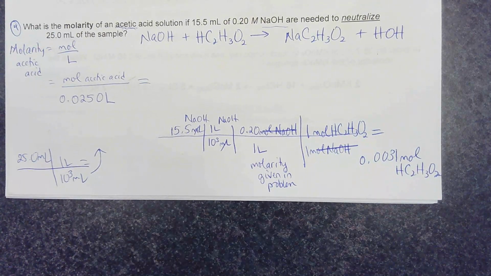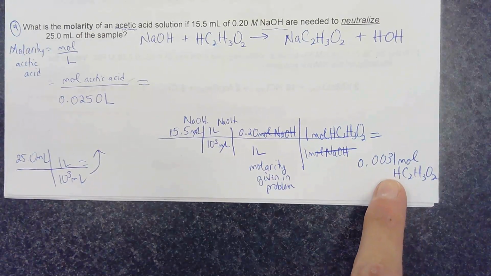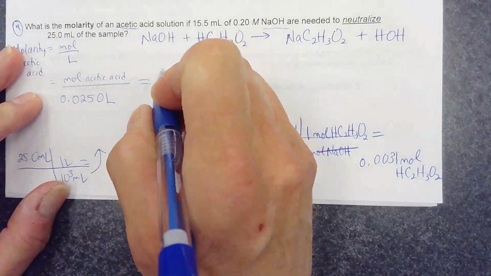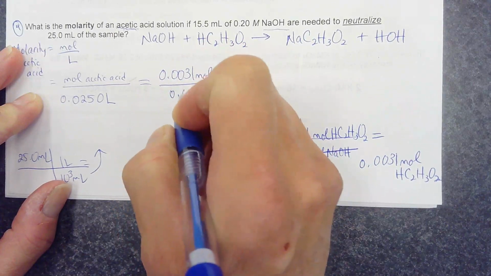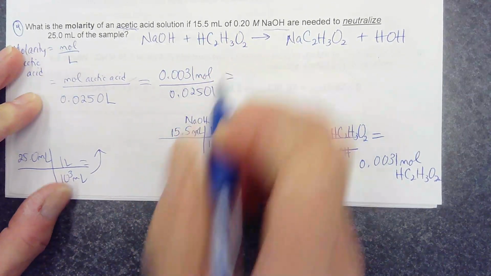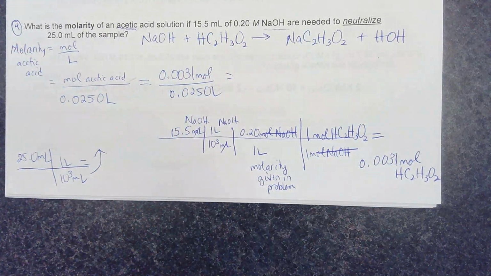What's the question asking for? Molarity. So what do you do with this? So you plug it back in up here, 0.0031 moles over 0.0250 liters equals, and round it to proper significant digits, which would be how many?